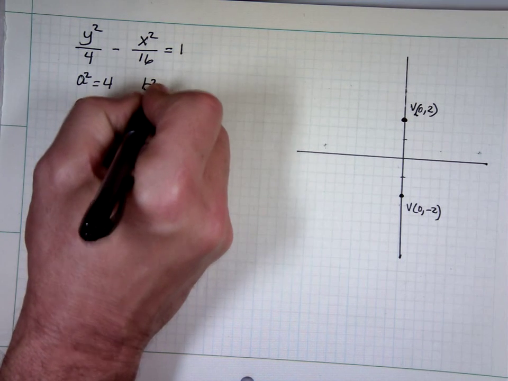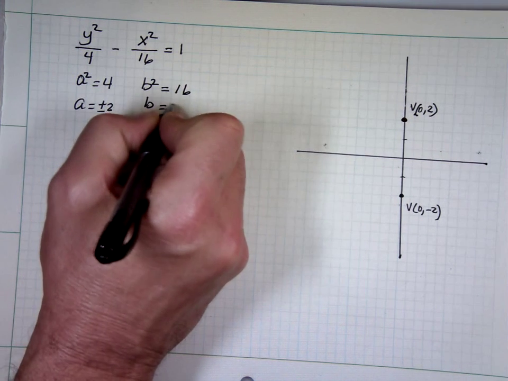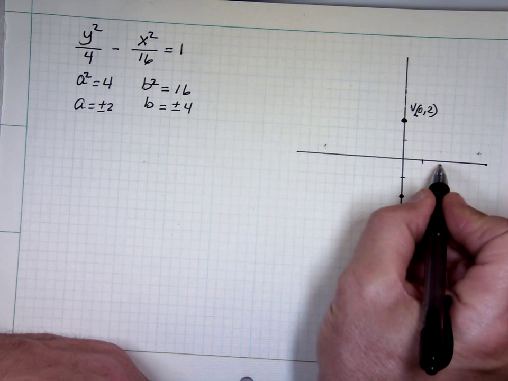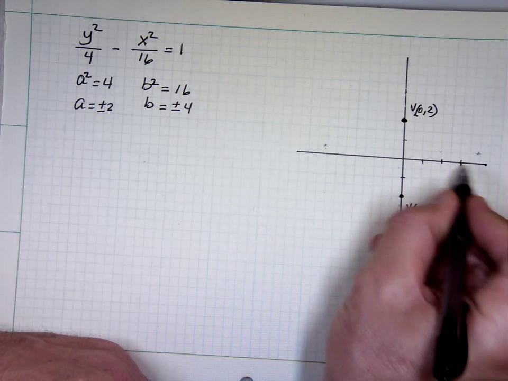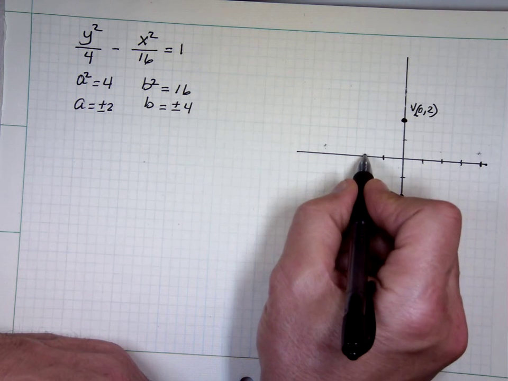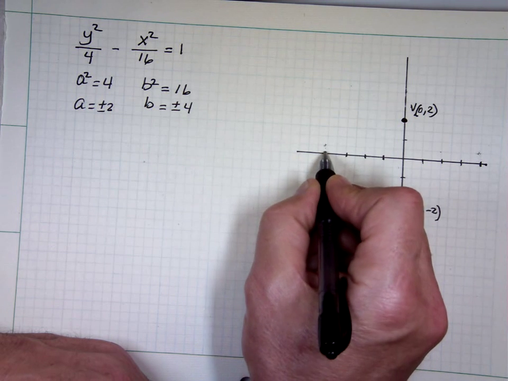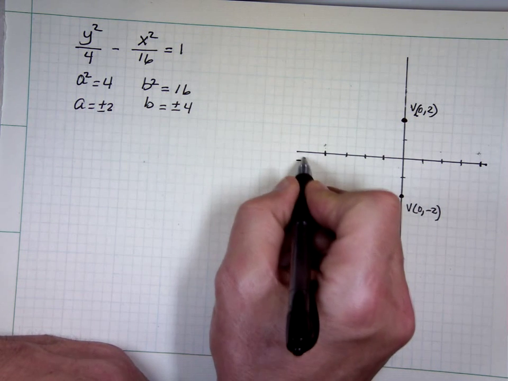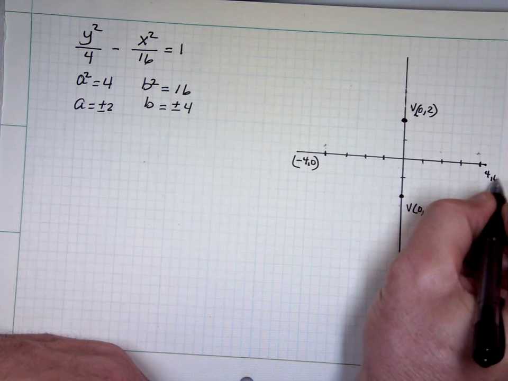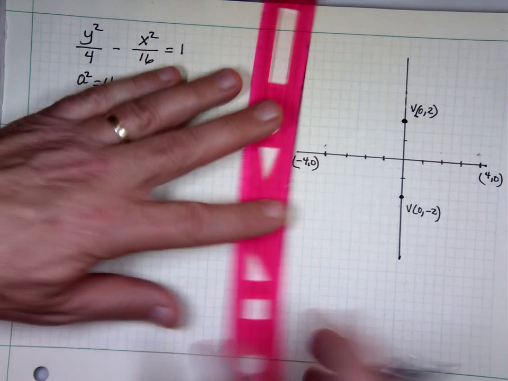B squared equals what? 16. B equals plus or minus 4. Let's find where 4 is: 1, 2, 3, 4. Negative 1, negative 2, negative 3, negative 4. So let's complete that box.